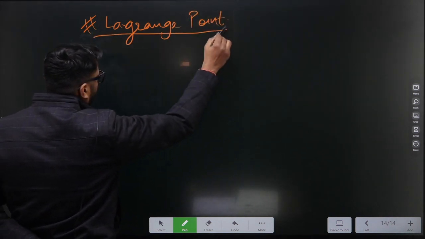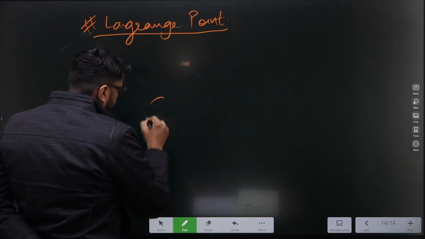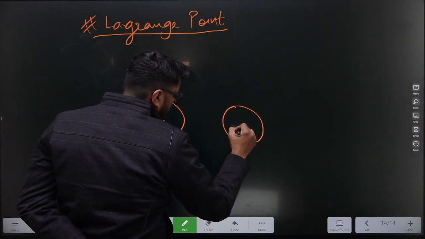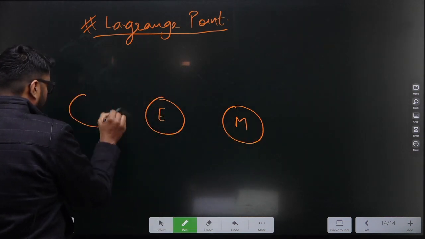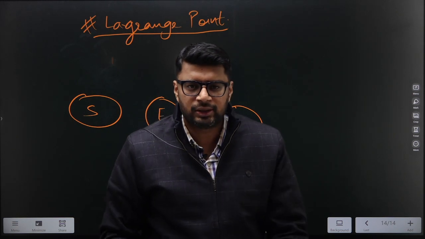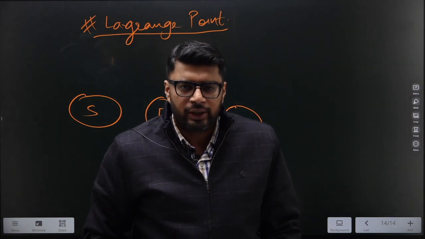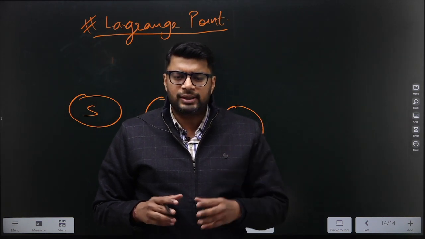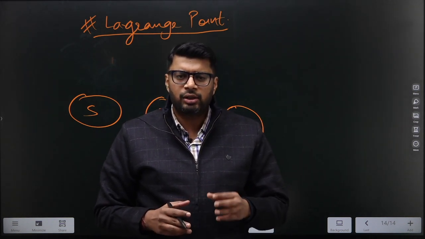Lagrangian point. Here, this is Earth, this is Moon, and this is Sun. Lagrangian points are those points at which the two bodies' gravitational pulls are constant.